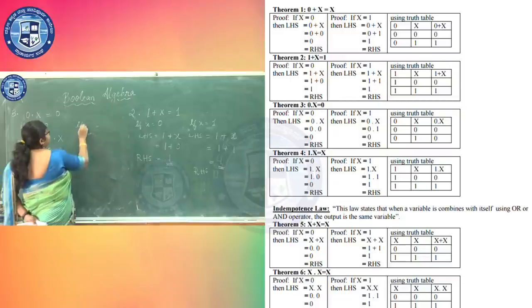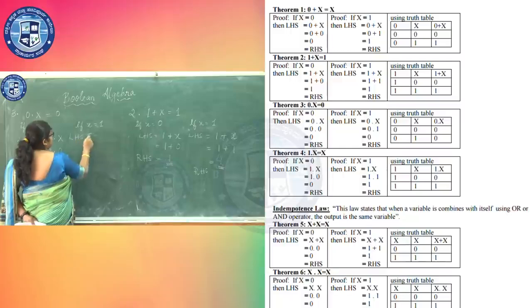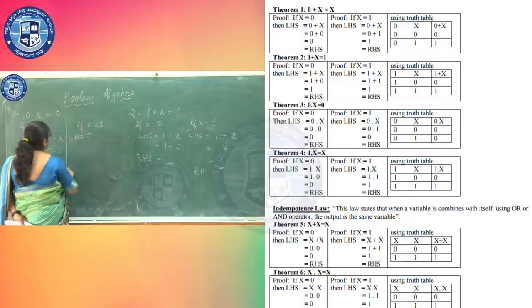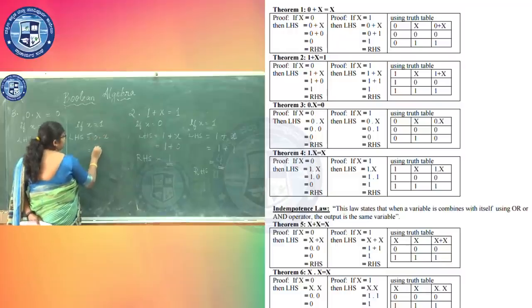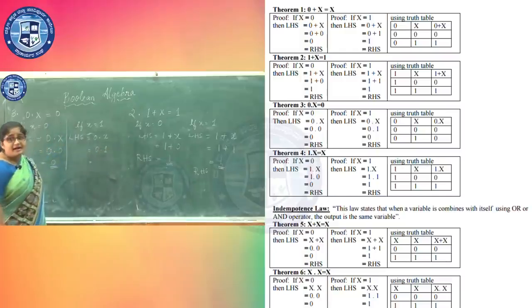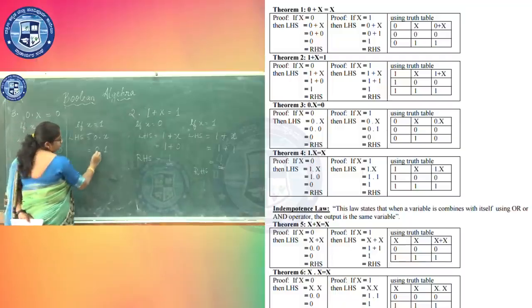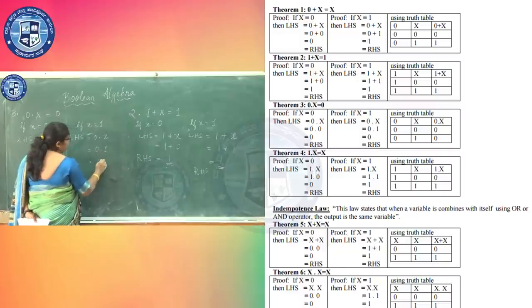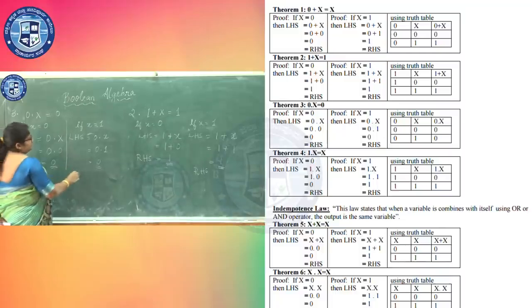Next, if x equal to 1, LHS: 0 into x, 0 into 1. 0 and 1: both the values must be true, only then will it give the value 1. So 0 and 1 is 0, and that is nothing but our right hand side. So it is proved.